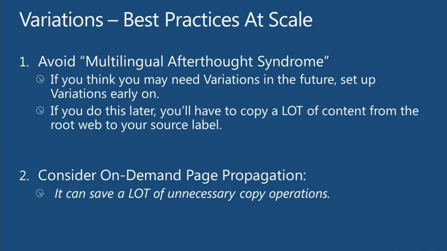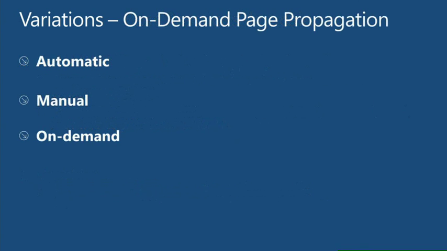And the second one is to consider a feature called on-demand page propagation, and I'll come back to that in a second. By default, when we configure variations, it's automatic, and when we approve changes, those changes are propagated to the variation sites.